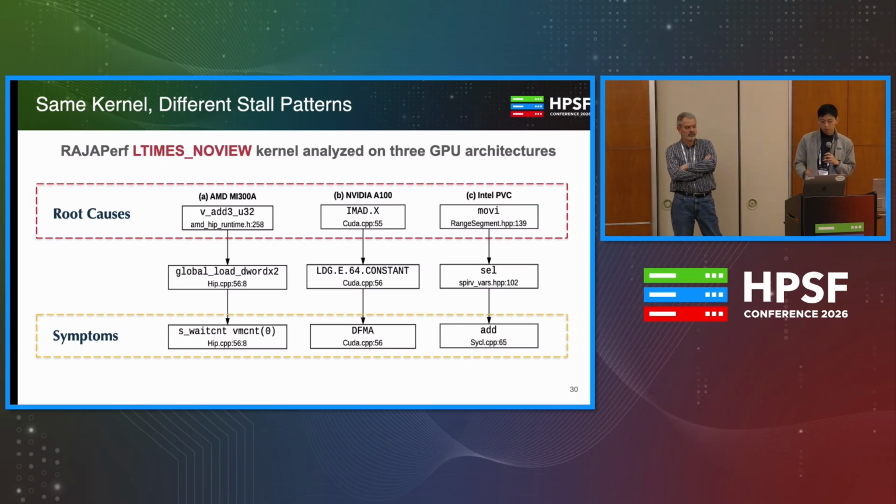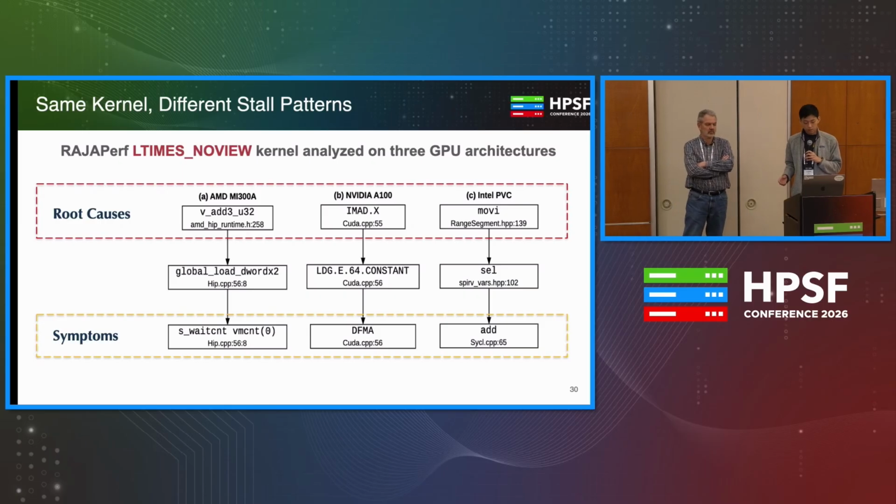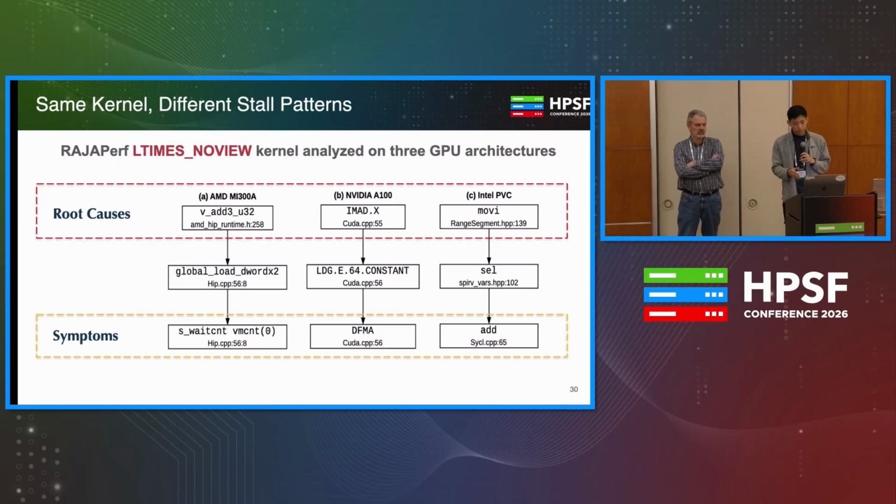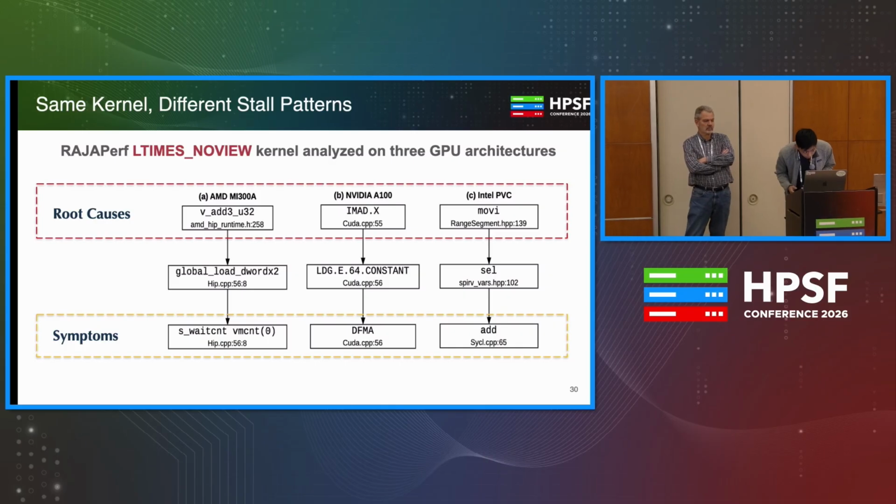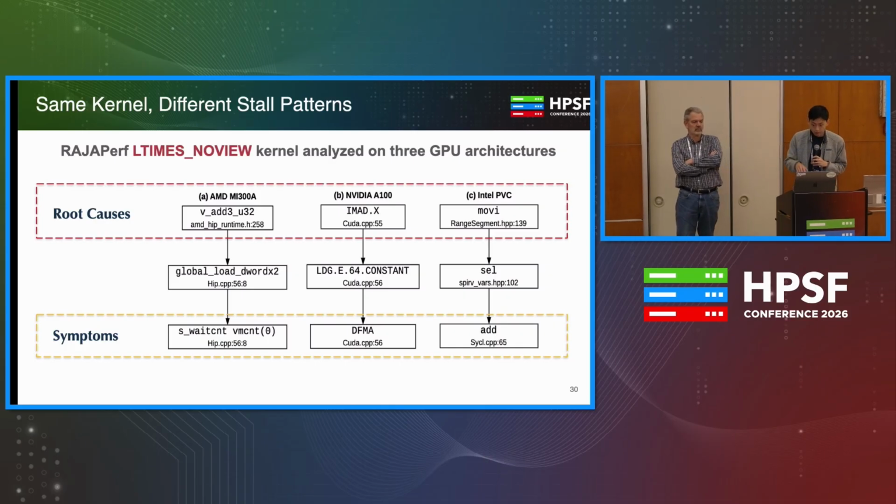So here is what Leo can tell you for a kernel. Here is one kernel from RodiniaPerf, which is a programming models evaluation benchmark that contains very similar code that can run on the NVIDIA, AMD, and Intel architectures. For this same kernel, here are three categories: AMD, NVIDIA, and Intel.